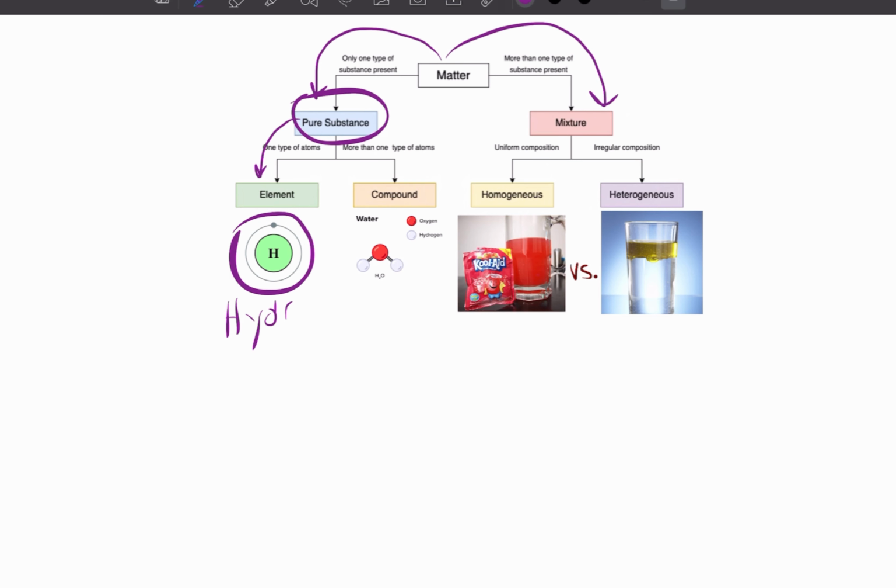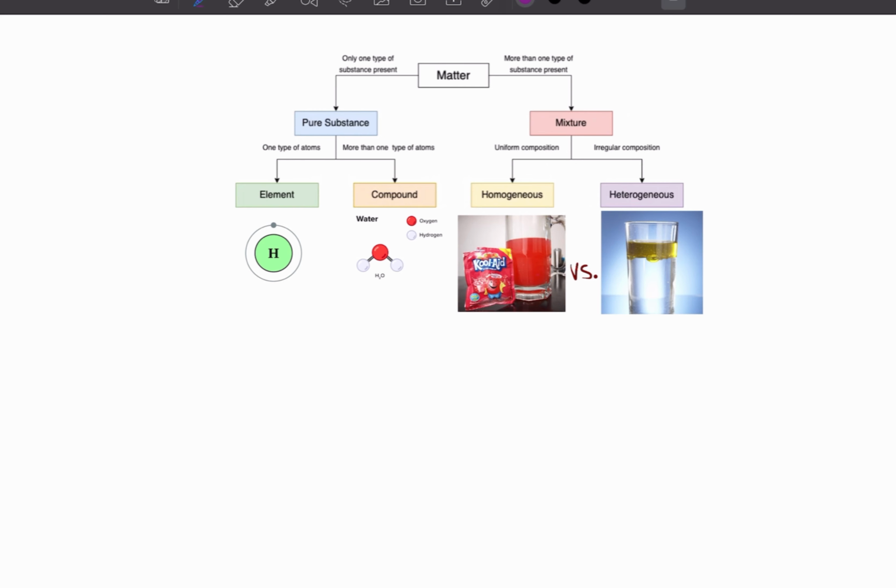And now if we go over to our right, we can see that matter can also be a mixture. And the two different mixtures can be homogeneous or heterogeneous, right? Homogeneous is when two substances create some type of uniform composition and they mix well together. The example that I have down here is Kool-Aid.